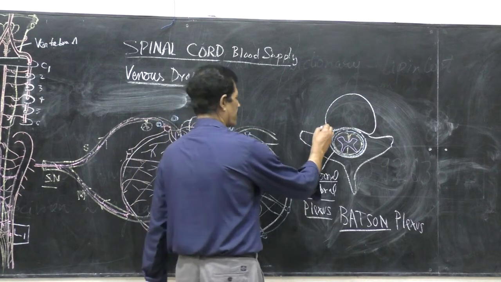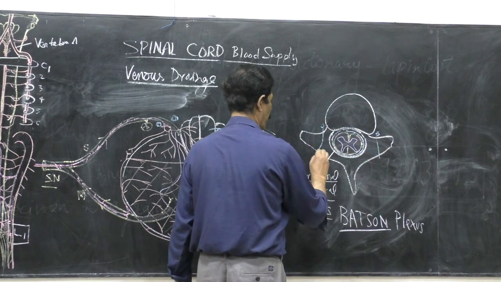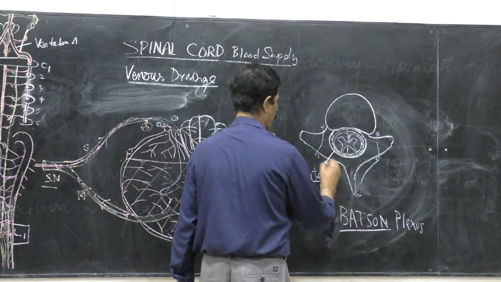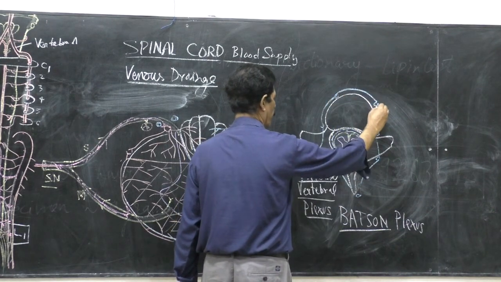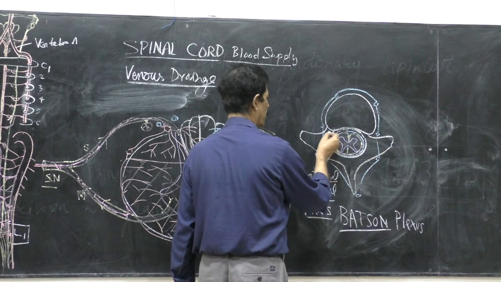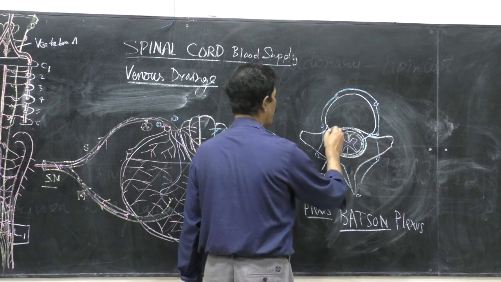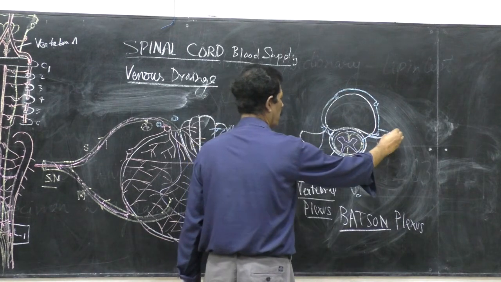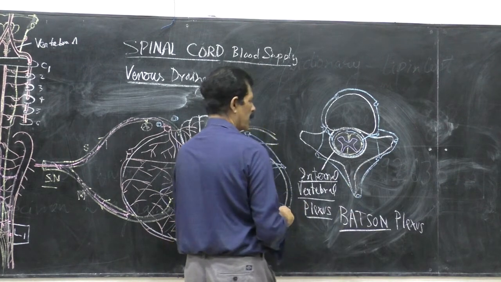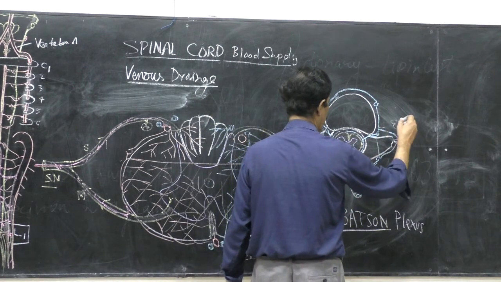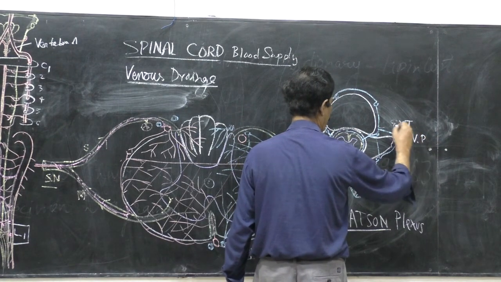And this Batson's plexus may also communicate with the external vertebral plexus, which is formed around the vertebra, the external venous vertebral plexus.